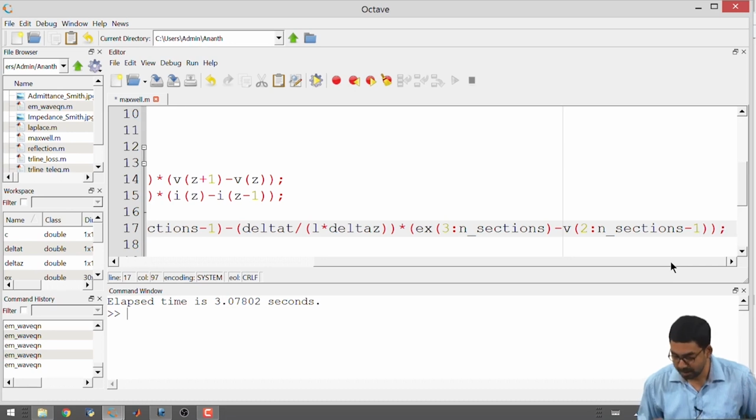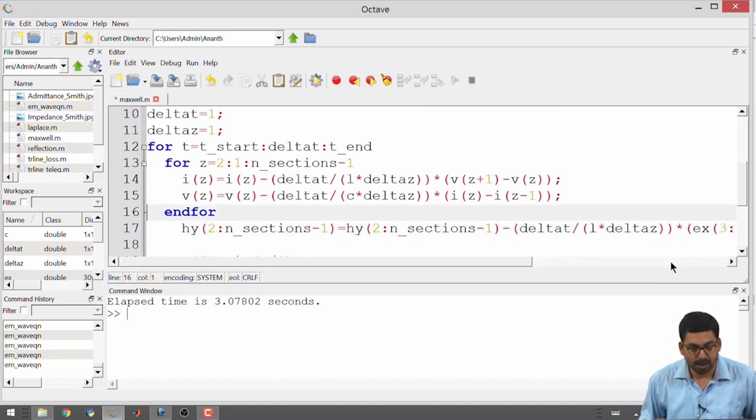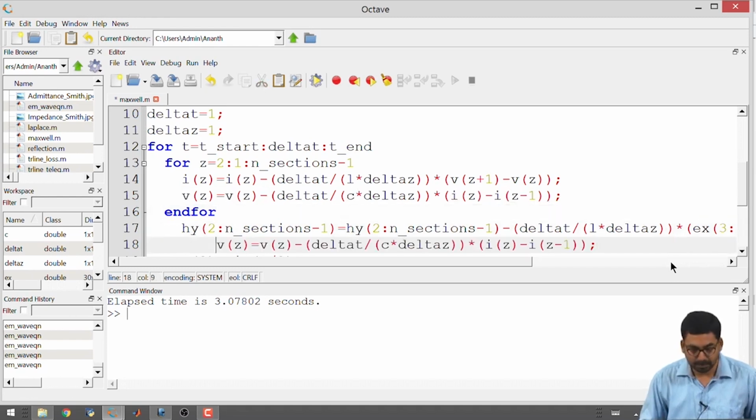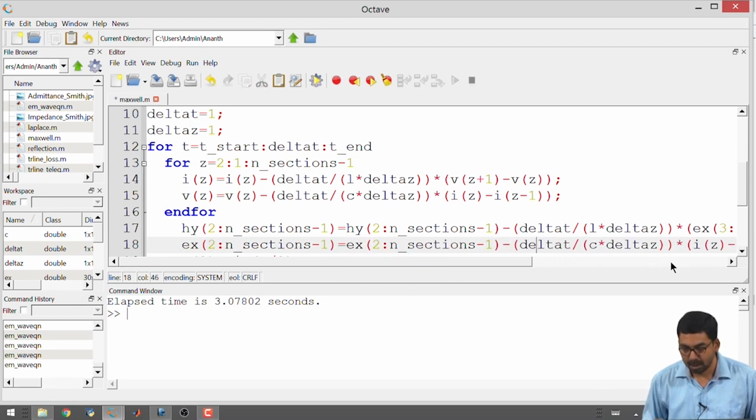Okay, so I'll copy the second line and I'll make similar modifications. So, instead of Hy I will have Ex and instead of Z I will have 2 colon n sections minus 1, and L has to be changed to mu, C is changed to epsilon.